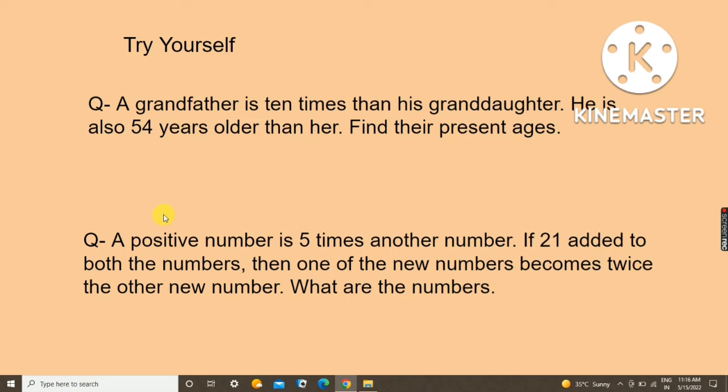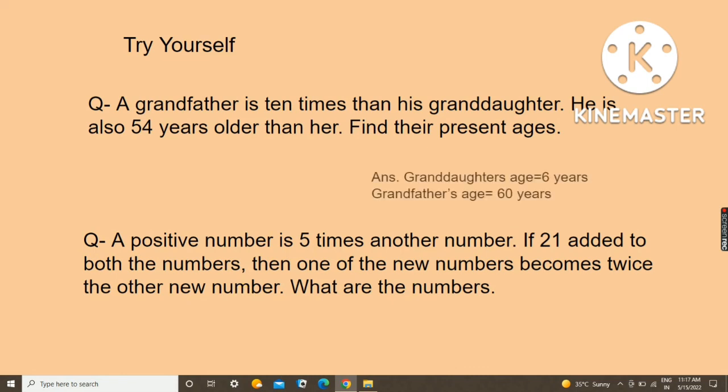The next problem is, a positive number is 5 times another number. If 21 is added to both the numbers, then one of the new numbers becomes twice the other new number. Now, what are the numbers?